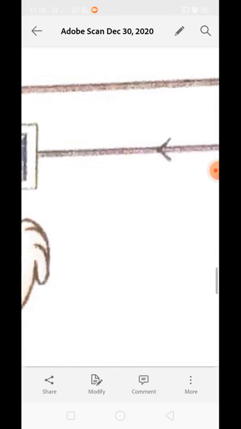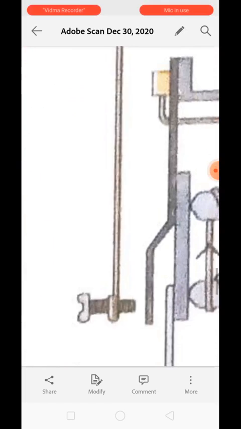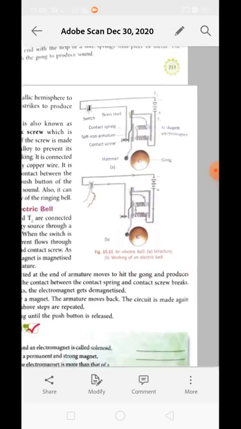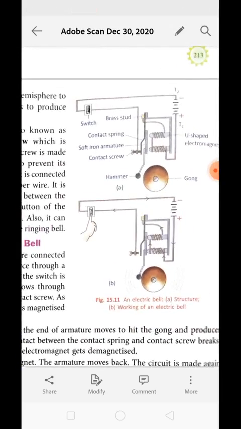It is running normally, but the contact screw connection with the armature is broken over here. It means it is an open circuit. It means while working, the electric bell constantly changes from closed circuit to open and from open to closed. Just have a look how it works.